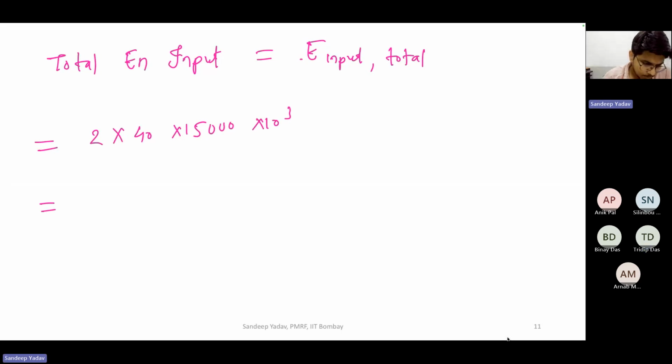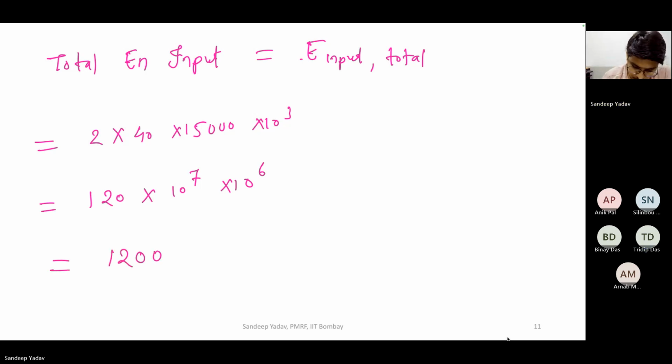That comes out to be 120 into 10 raised to power 7 into 10 raised to power 6. Why do we multiply by 10 raised to power 6? We're converting megajoule to joule. And finally, the whole thing is converted into terajoules. Then it will be around 1,200 terajoules input.